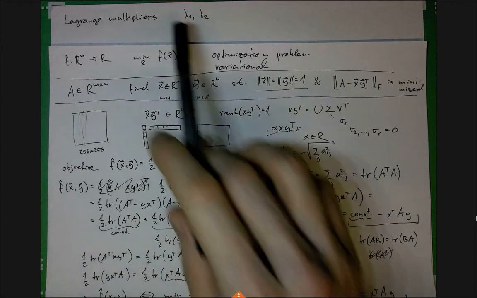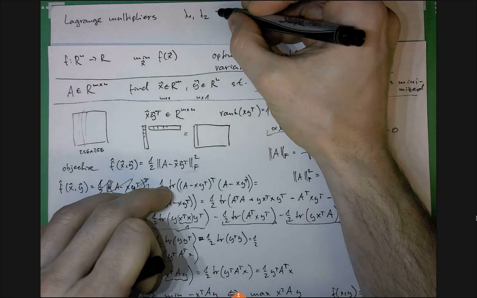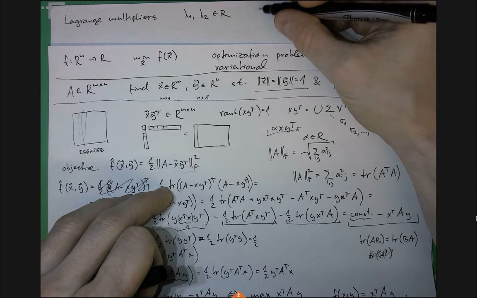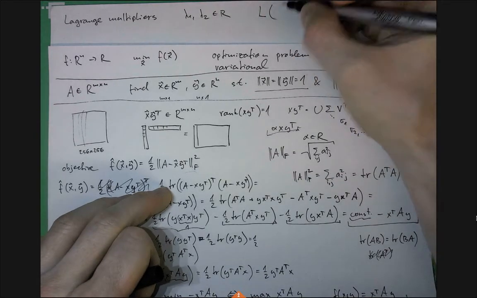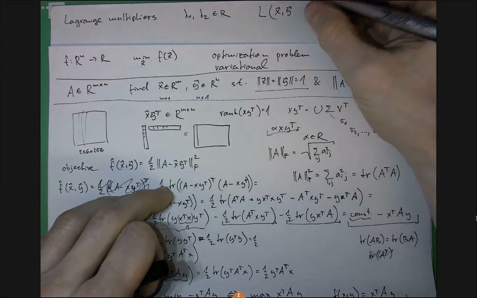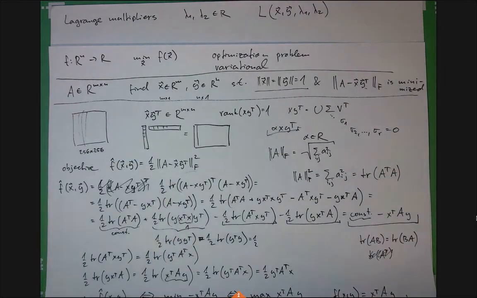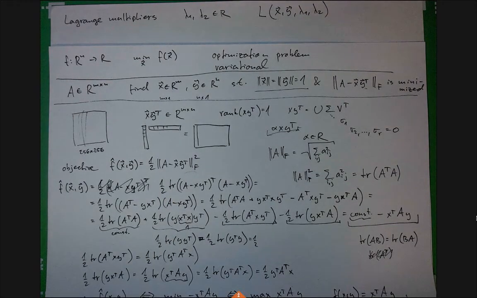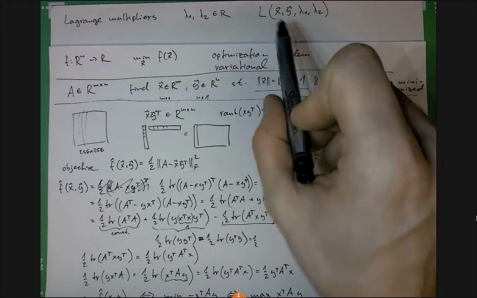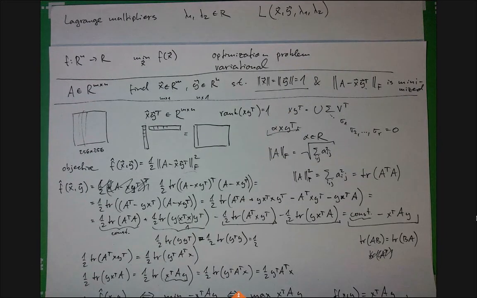But in general, those are Lagrange multipliers, just arbitrary 2 scalars. And I will construct a function called the Lagrangian, or L, which will have the original parameters of my problem as well as the Lagrange multipliers as arguments. And then the critical points of the Lagrangian will be the potential solutions of my optimization problem.